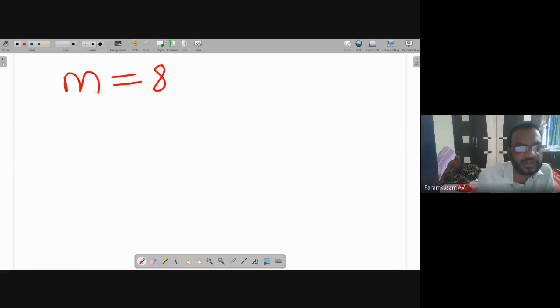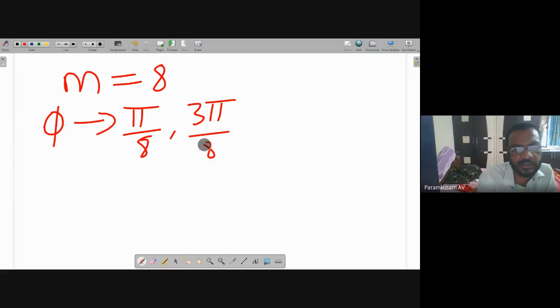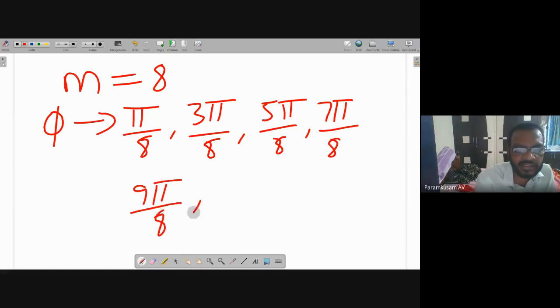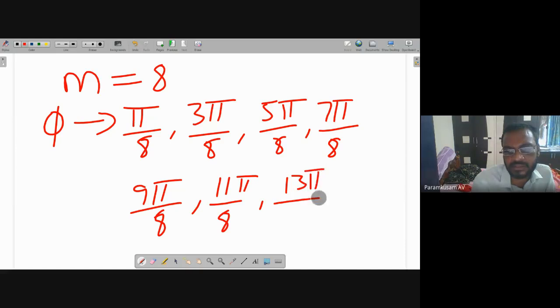M is equal to 8 అయితే ఫేజ్ యాంగిల్స్ 8 వస్తాయని మనం చూసాం కదా. i is equal to 0 అయితే π by 8, 3π by 8, 5π by 8, 7π by 8, 9π by 8, 11π by 8, 13π by 8, 15π by 8. Okay, these are the phase angles.